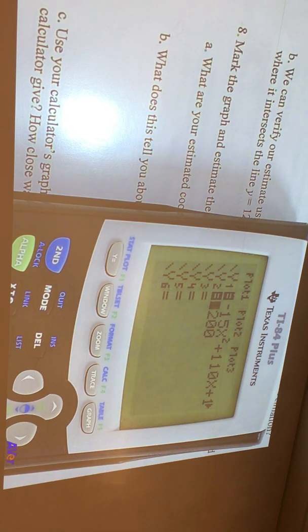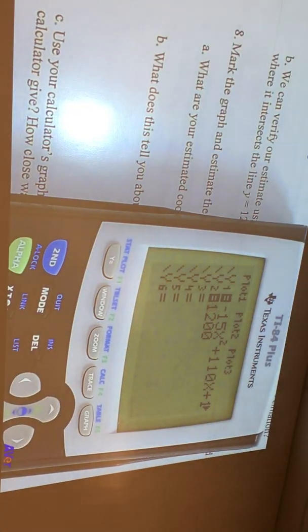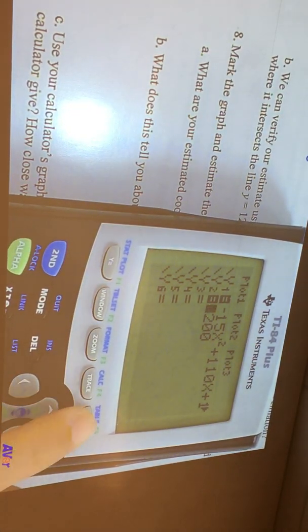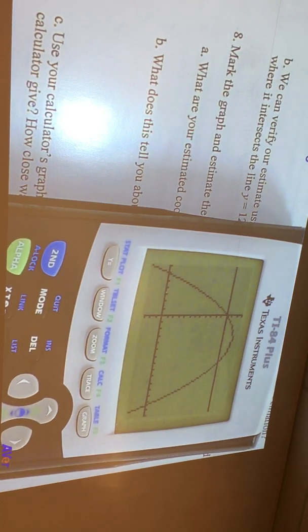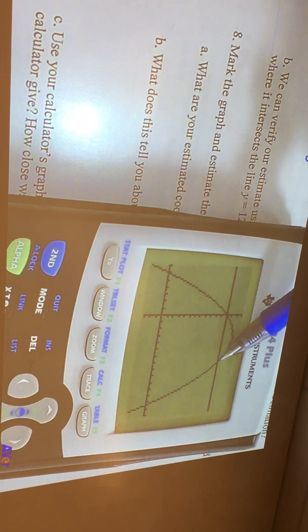All right? You're going to be asked to use your graphing calculator to find the x value of the intersection, which is pretty much the same thing as what we've been doing. So graph it. So how do we find the x value of this point? What do we call that? Intersection. Very good.